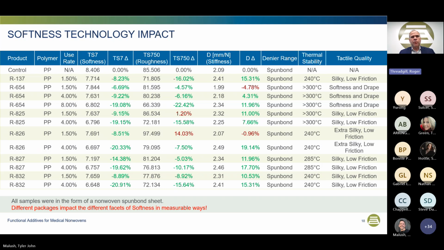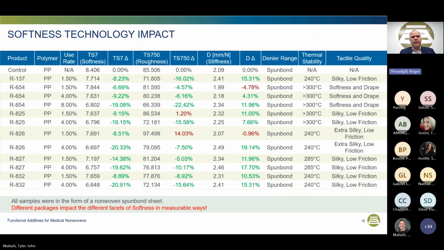On the next slide, we've got different product technologies with different measurable impacts along with these different haptic qualities. This table has a range of different products evaluated with the softness measurement instrument and their corresponding values versus an untreated polypropylene control spunbond textile at the top. The impact of loading or use rate is also illustrated, so you can see how the corresponding values change as you increase concentration in the article.